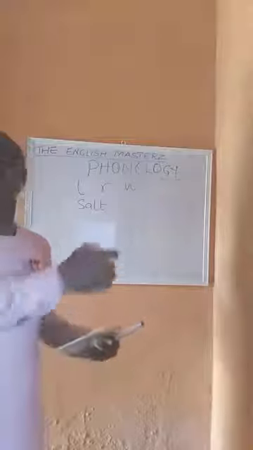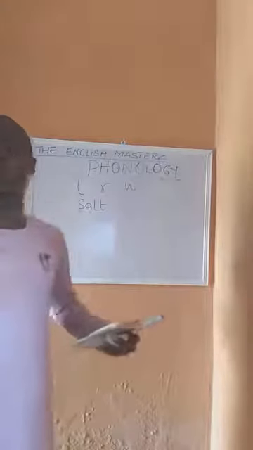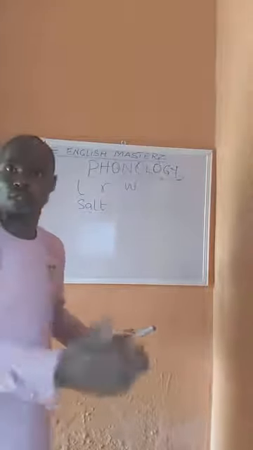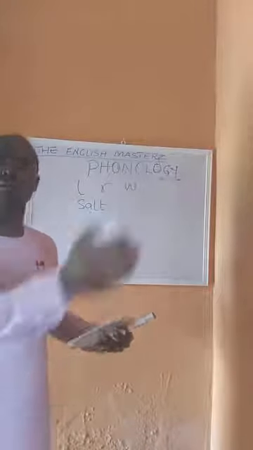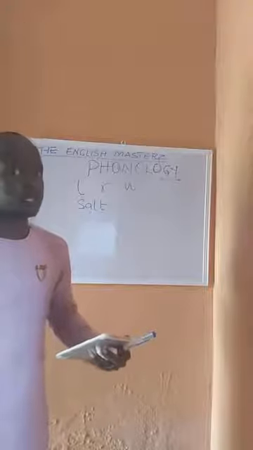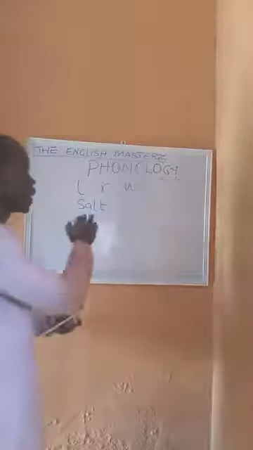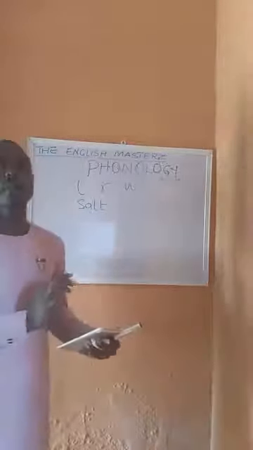The presence of L after A in some words gives you the long O sound or the short O sound. So in our subsequent classes, we will introduce each of them as we discuss the sounds, okay? So sword here, right? Clear.